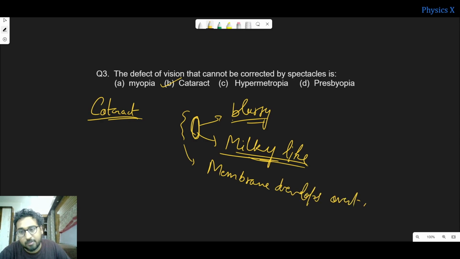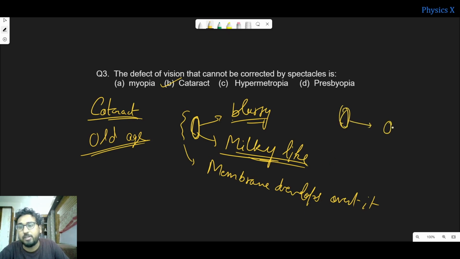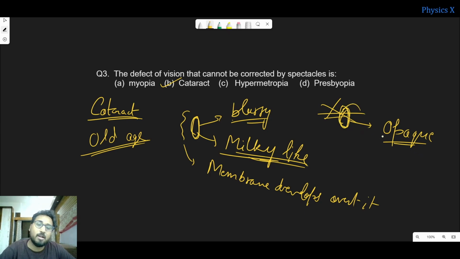This occurs due to aging, generally in old age people. This membrane develops over the lens and covers it, and the lens becomes nearly opaque. Opaque means light cannot pass through it, and then the vision is very blurred.